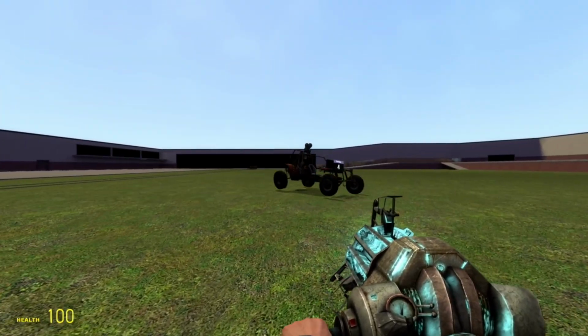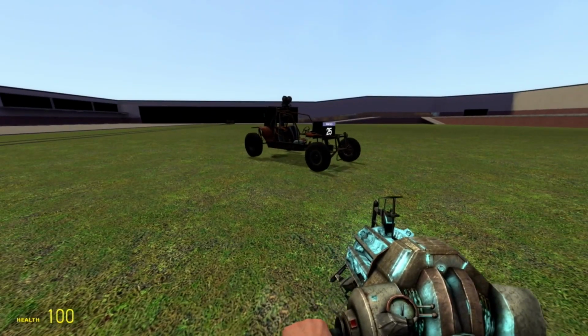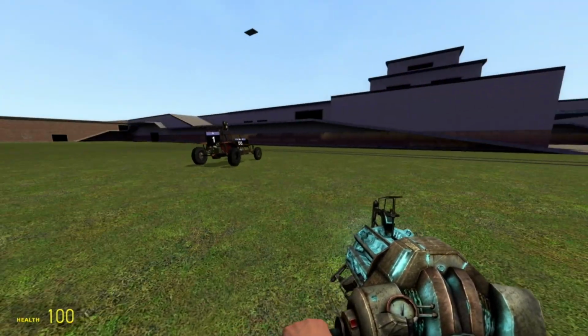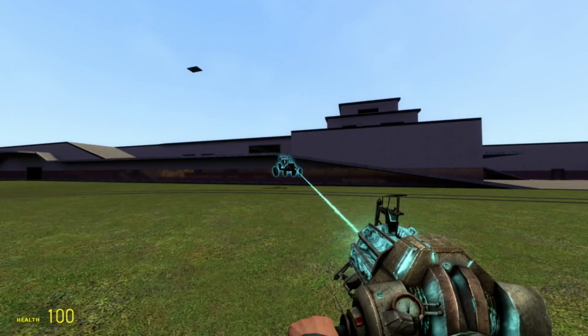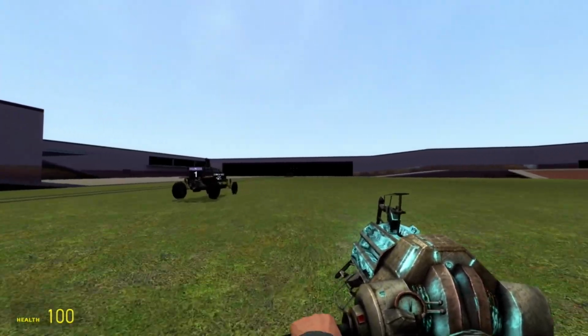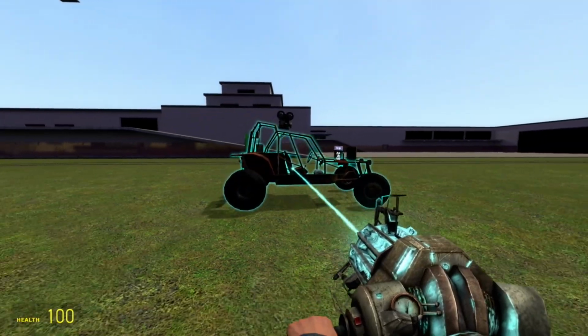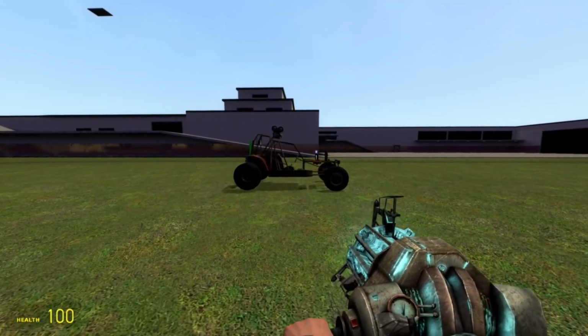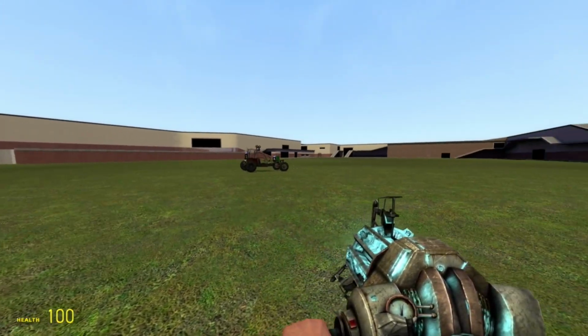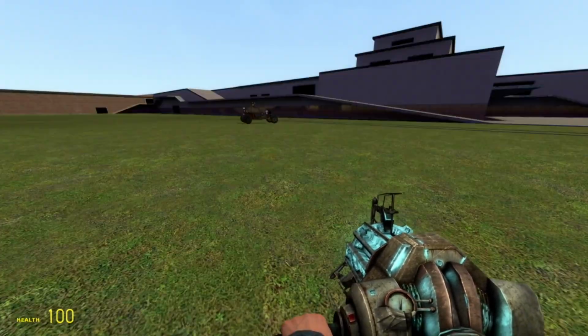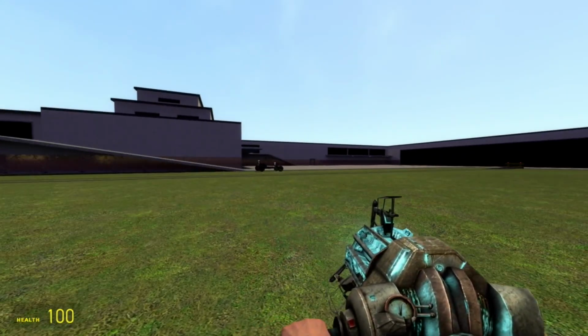But if I'm not right in front of it, then the system will just miss completely. If I'm standing right at 90 degrees in front of it, it might just start circling around me, because it will be essentially rotating with the same speed as the line of sight from me to the vehicle.